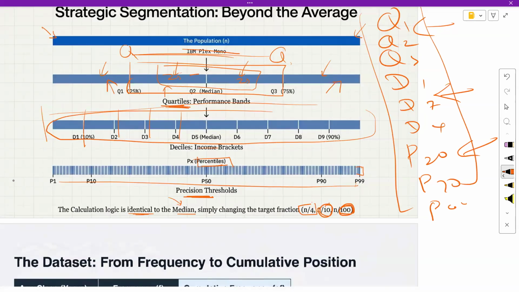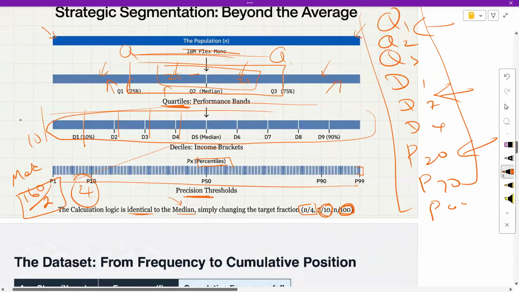For the median, we divide the total number of observations by 2, so half. Quartile means 4 equal parts, so we divide by 4. Decile means 10 equal parts, so we divide by 10. Percentile means 100 equal parts, so we divide by 100. So this is the logic. No need to remember, it is just rational thinking, not magic.